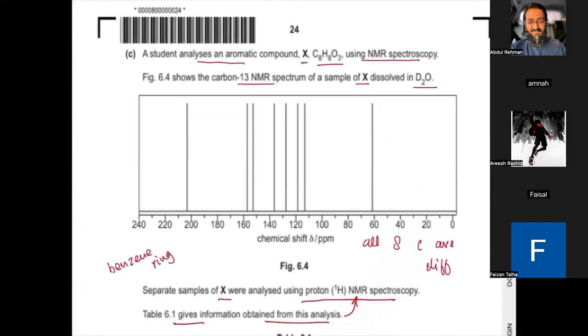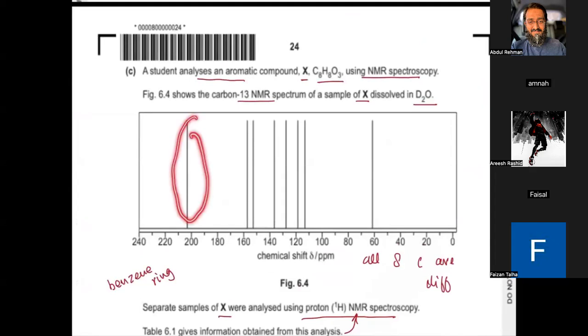So if you see, we are getting the signal around 200. So that is of a C=O, right? Is this understandable?